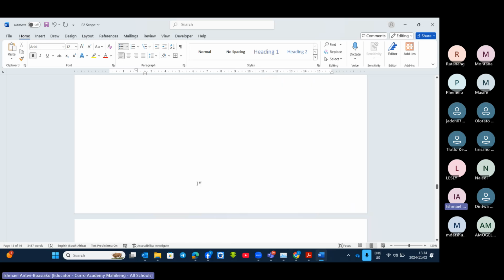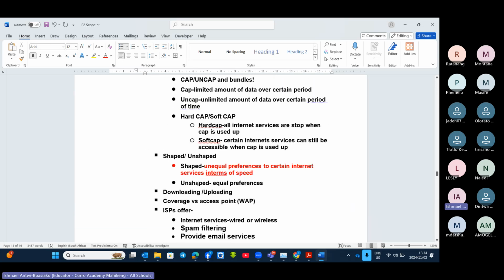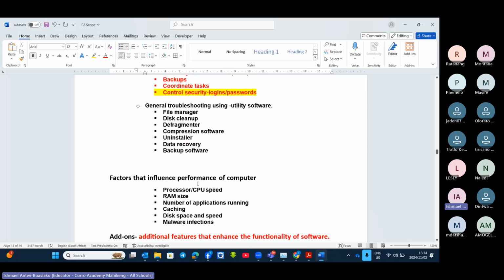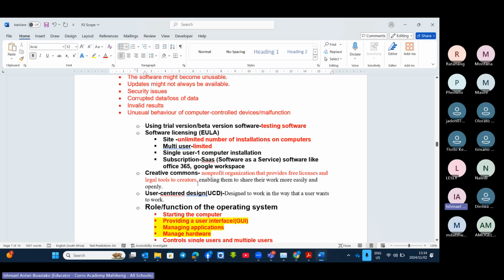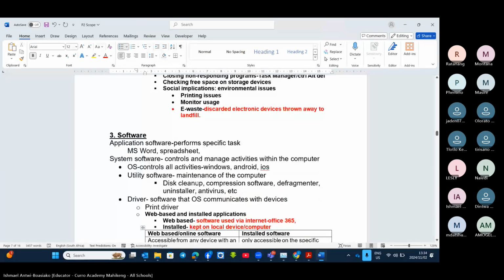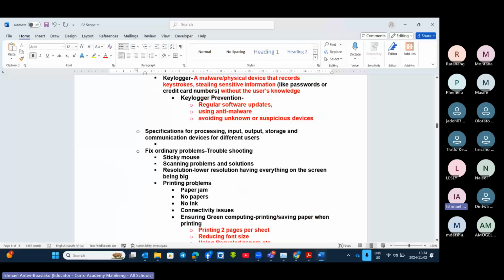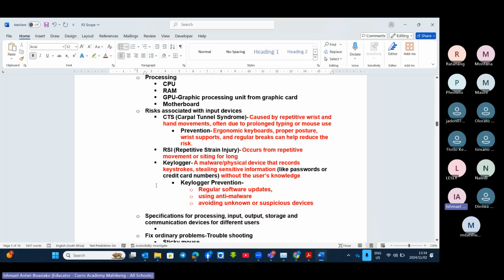I think it's part of my document here, which I will share with you at the end of this lesson. Yes, I made mention of it here. A keylogger is a malware or physical device that records keystrokes. So a keylogger can be a malware or a physical device that will record the way you type, in such a way that they would steal your sensitive information.